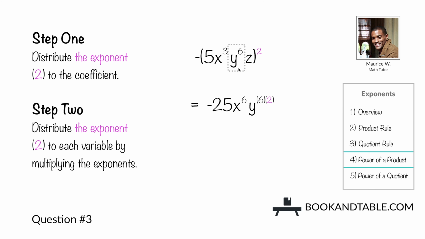Our y term, y to a power of 6 to a power of 2, is equal to y to a power of 6 times 2, which is y to the 12th. Then z to a power of 1 to a power of 2 is equal to z to a power of 1 times 2, which is 2. So the answer to question number 3 is negative 25, x to the 6th, y to the 12th, z squared.